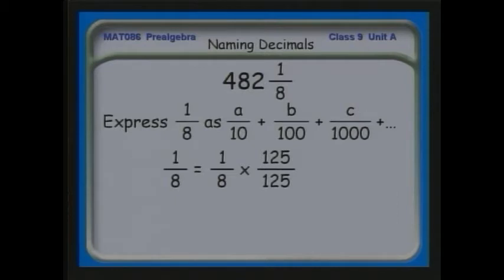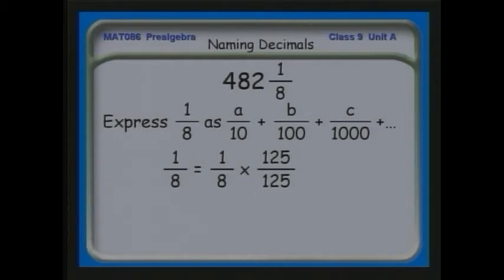Now I have to ask myself, what is the lowest thing that I can multiply 8 by for that denominator, the number on the bottom, to get tens, hundreds, thousands? I can try, can I multiply 8 by anything to get tens? Nope. What can I multiply 8 by, a nice big even number, to get hundreds? Nothing. But I can multiply 125 by 8 and I get 1,000.